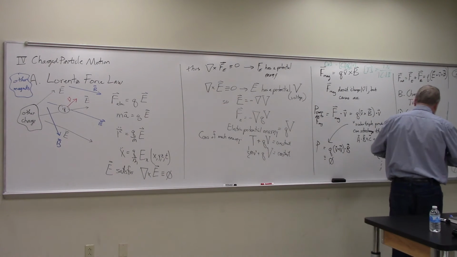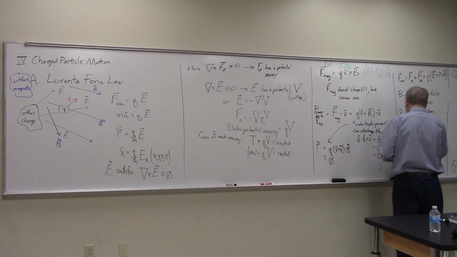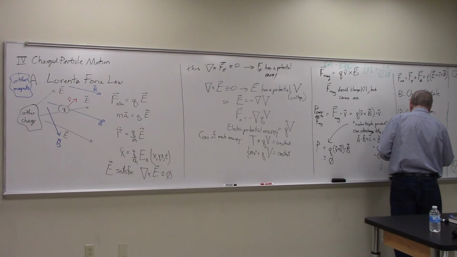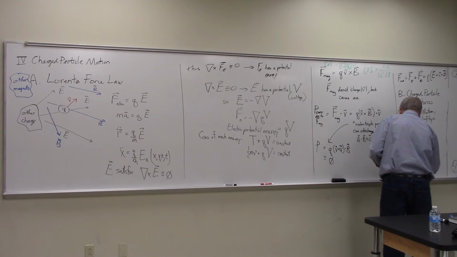But I think I copied this from the EFIS notes, so I better just go with what I have here. So I have a charged particle with velocity v in the x direction. And we have a magnetic field that points strictly in the z direction. And we'll say there's no electric field at all.